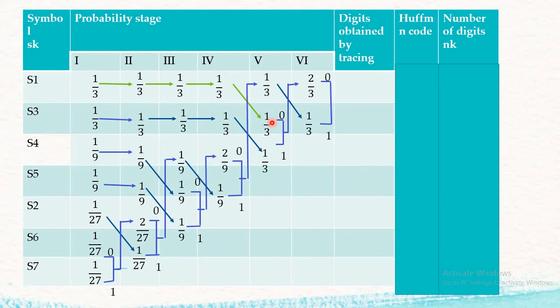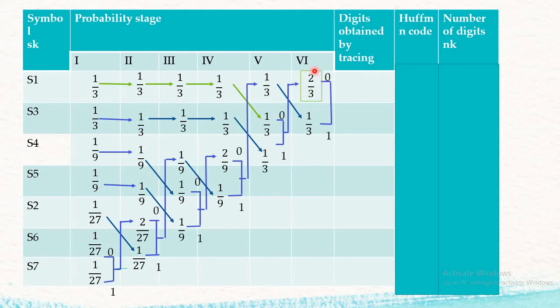While tracing the path, we are also focusing on the value of the bits assigned. From this 1 by 3, it is added with another 1 by 3 and moves to 2 by 3. While moving from this position to 2 by 3, one digit is added, and that digit is 0.